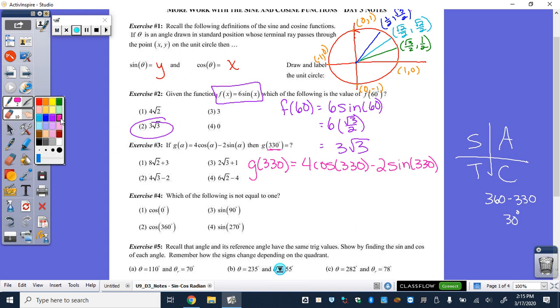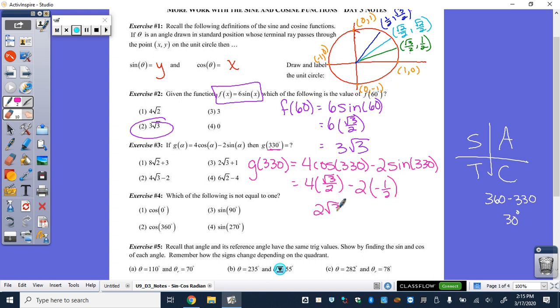So the cosine value of 30, looking up here at my chart, would be 4 times radical 3 over 2, because we had that 4 out in front. Sine in quadrant 4 would be negative, and the sine of 30 is negative 1/2. So we get 2 radical 3, negative 2 times negative 1/2 becomes plus 1. So it ends up being choice 3.